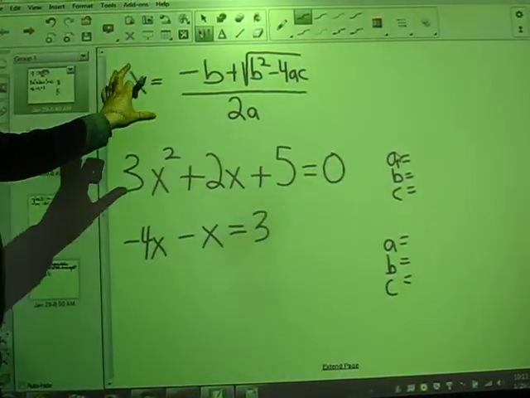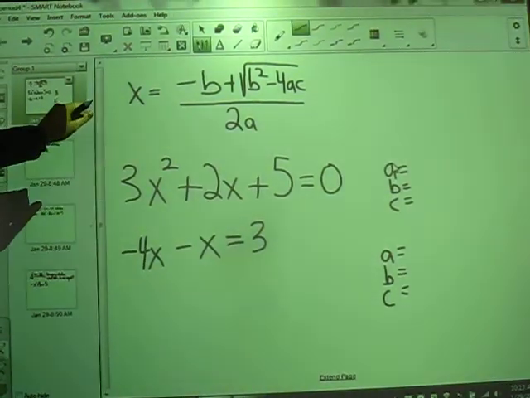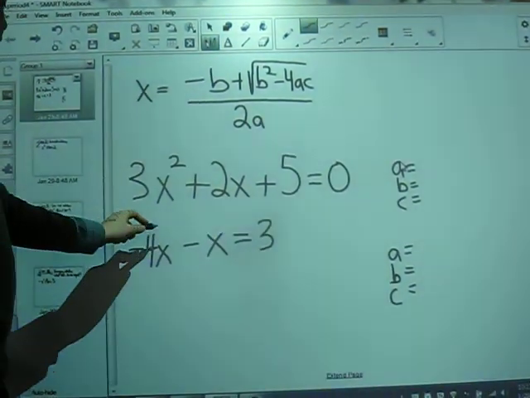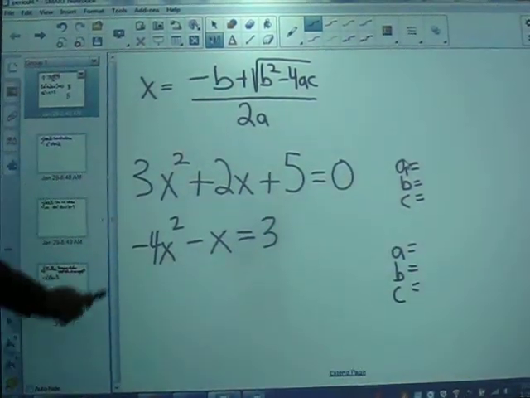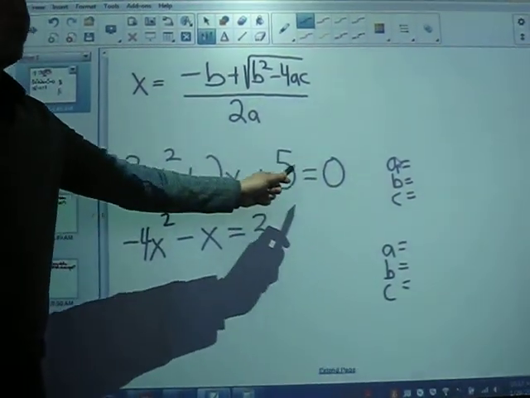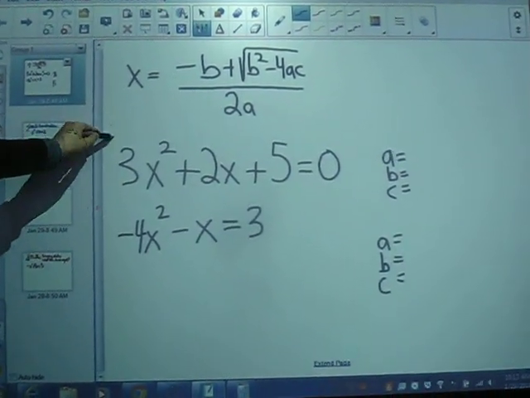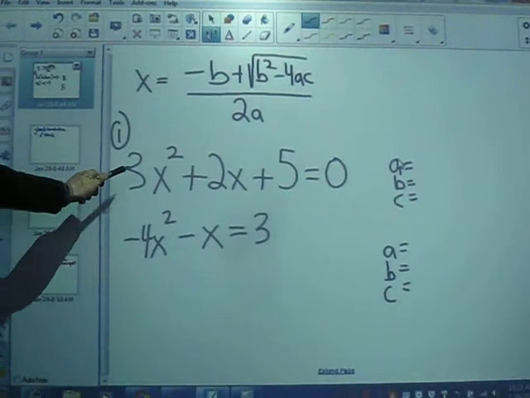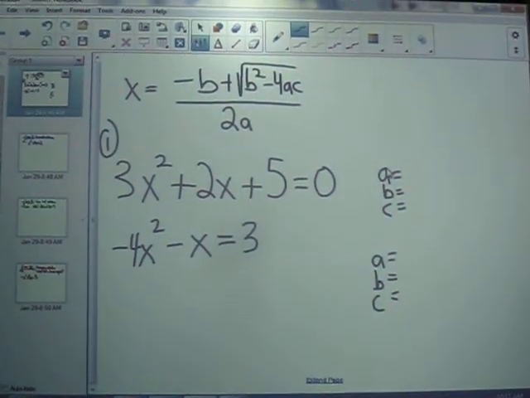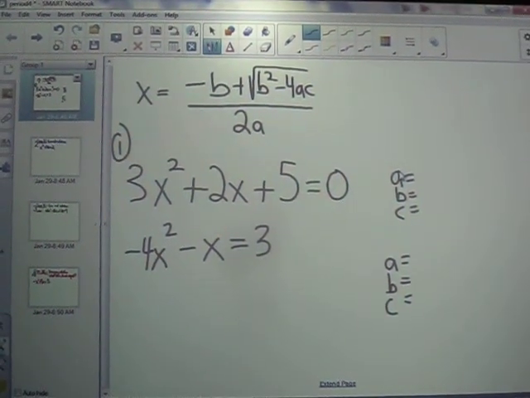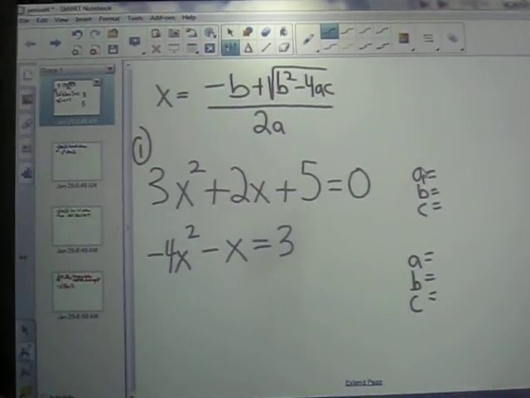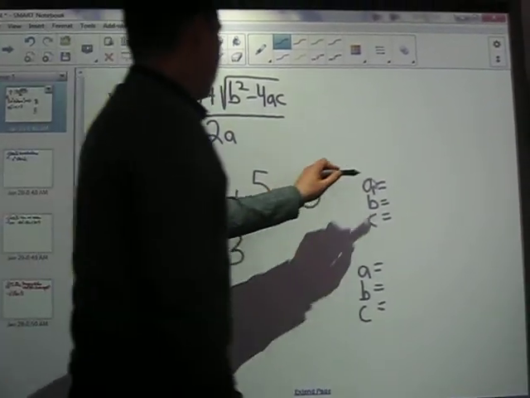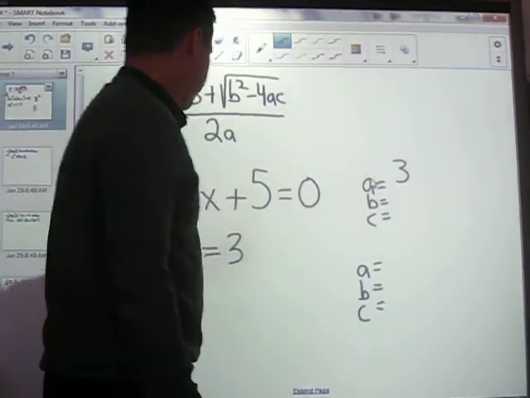Before we actually use this equation, let's go through a couple of quadratics and identify them in standard form. For this first quadratic, what is the value of a? 3 is right. Matt Barbosa, what's the value of b? 2.